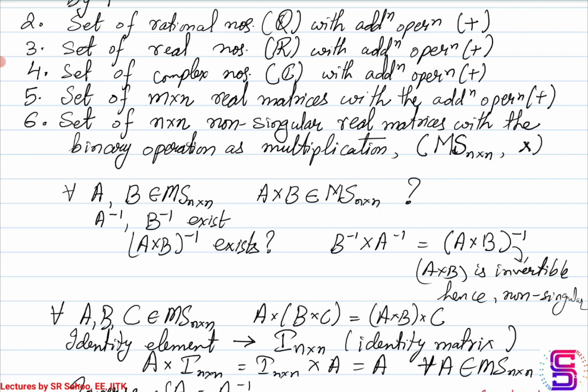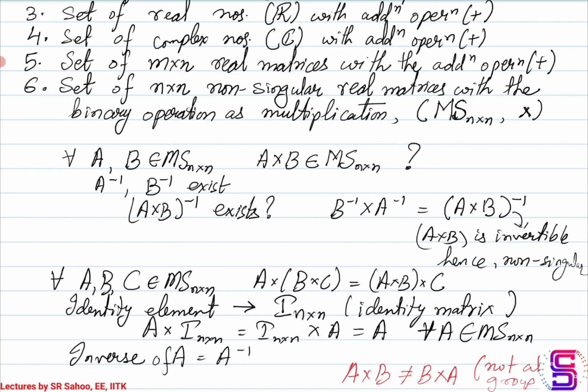It is nothing but the matrix inverse of the matrix under consideration, and this inverse is also unique. So the set of n cross n non-singular real matrices under the matrix multiplication operation is a group. Now is this an abelian group?